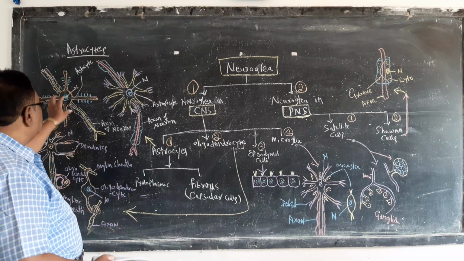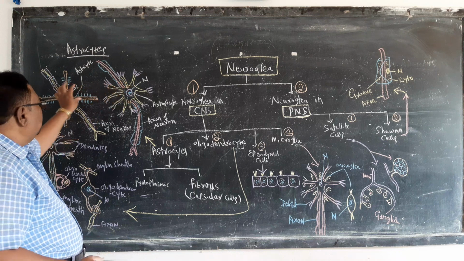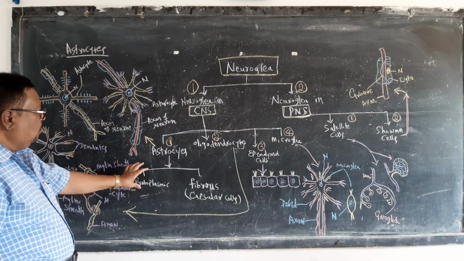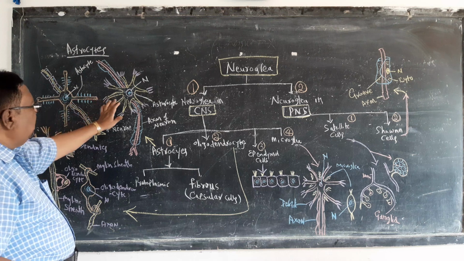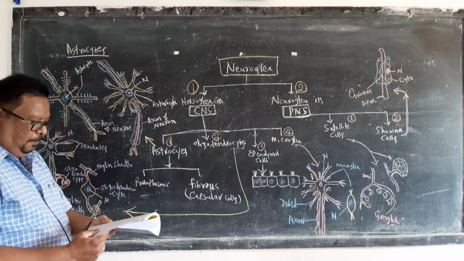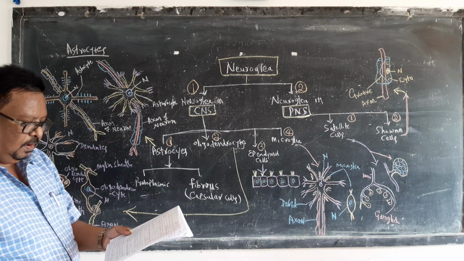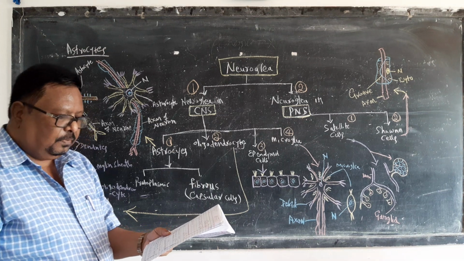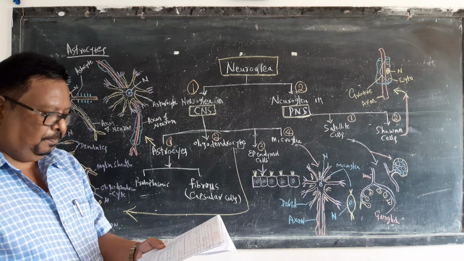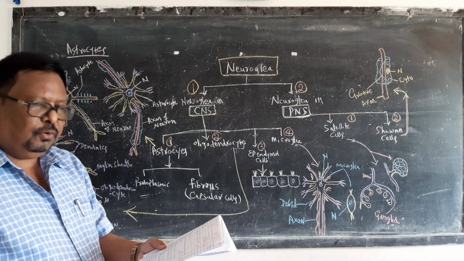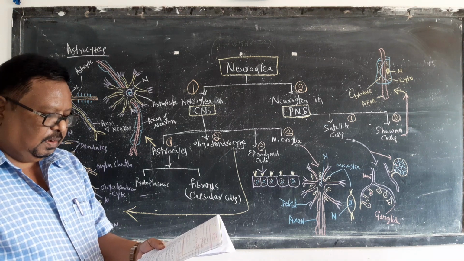Two types of cells are present: the first one is the protoplasmic type and the second one is the fibrous type. The processes end in expansions on blood vessels or the brain surface. They are abundantly found in the central nervous system.